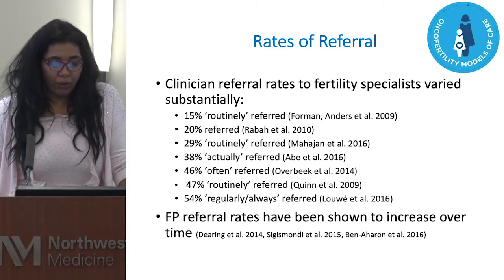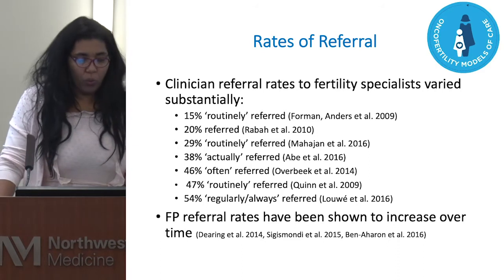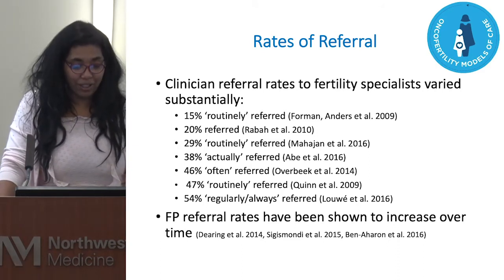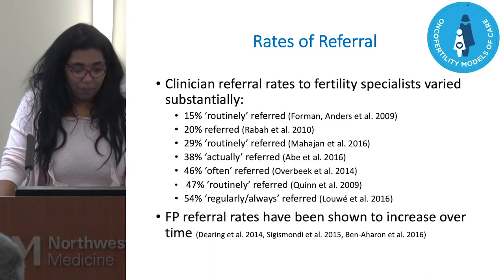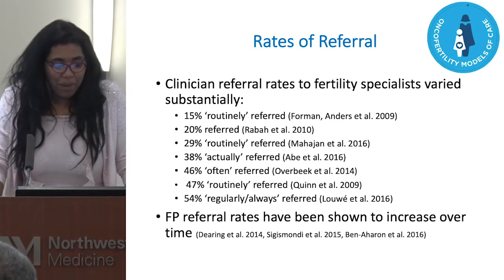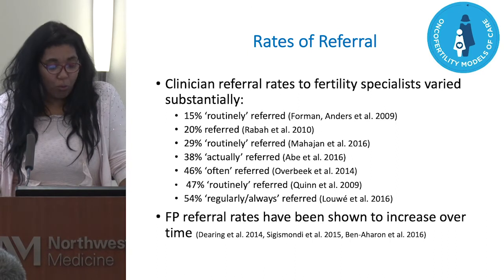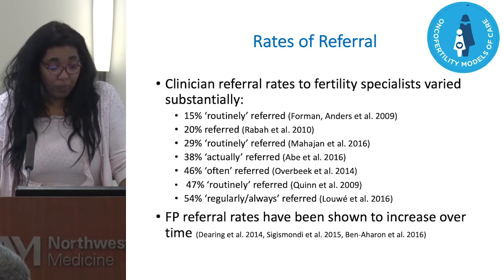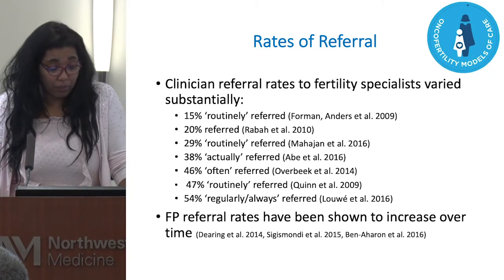In terms of referrals, when we looked at the data, the referrals really varied. Not as many as you would expect were regularly or always referred from a cancer physician to a fertility provider.